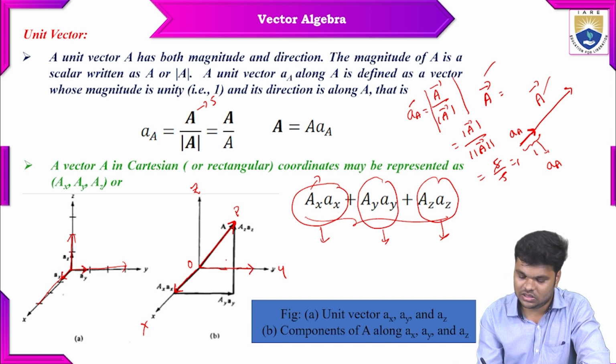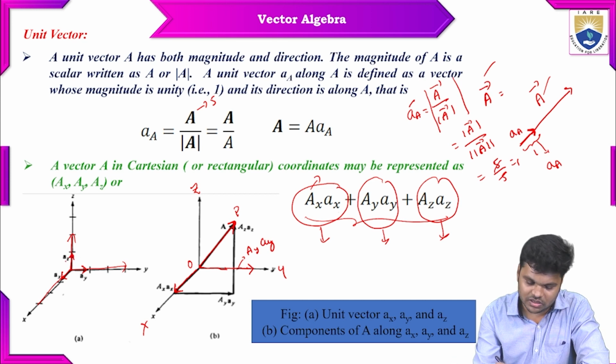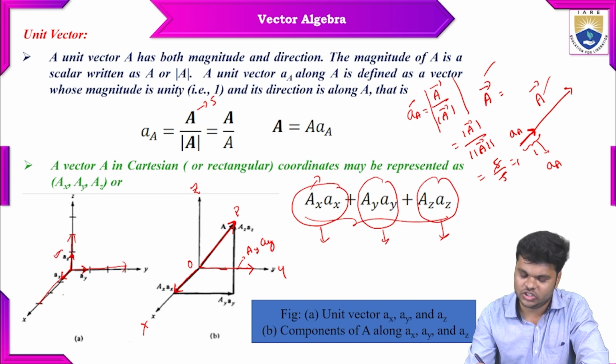This is Ay. Right. This is az. Az is this one. So Az into az, let's assume that Az is something greater than 1. So this is Az into az.